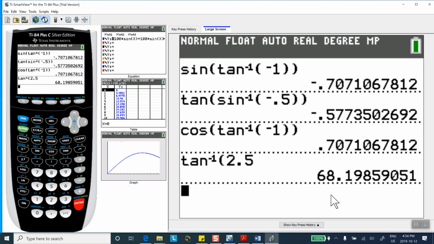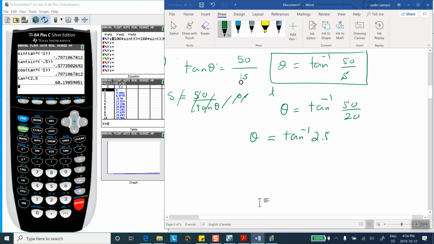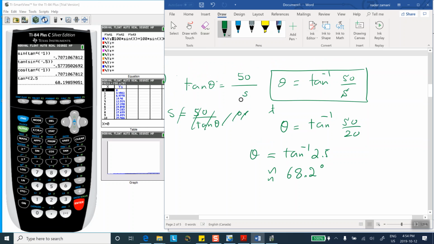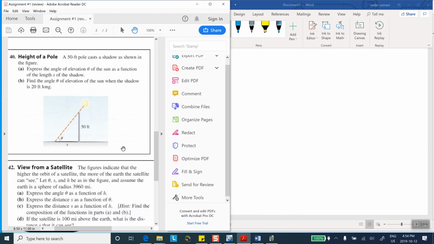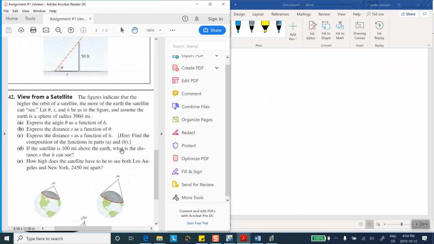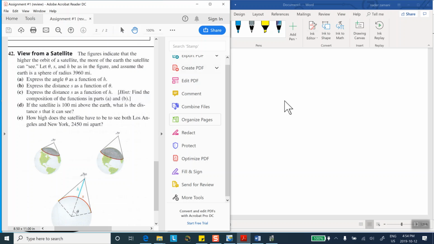If I round this to one decimal digit, it's approximately 68.2 degrees. Okay, that takes care of this problem. Let's go and do the next one. It's a little bit more involved.